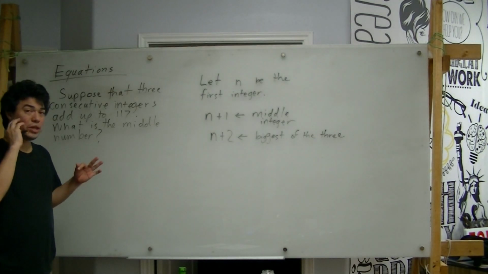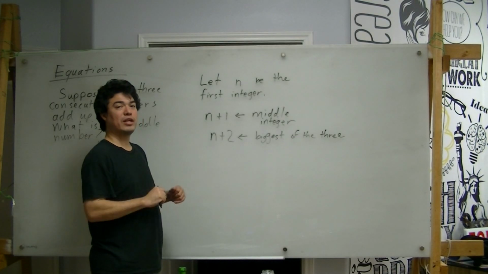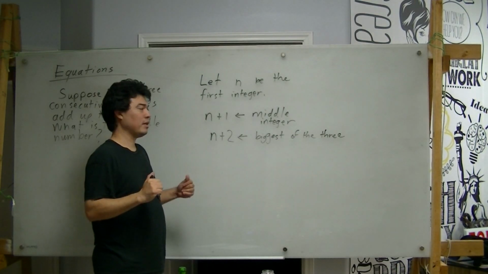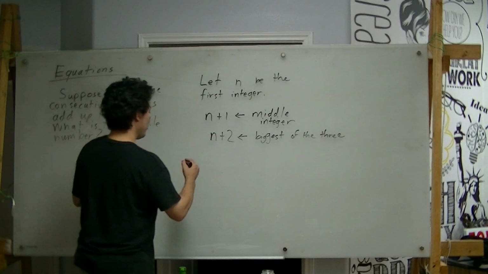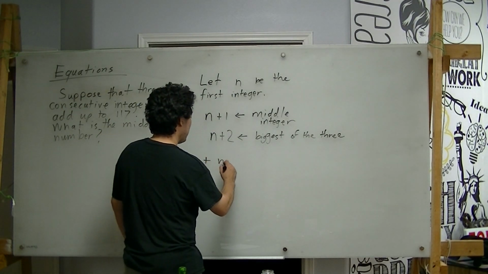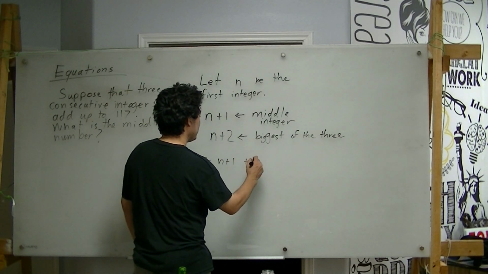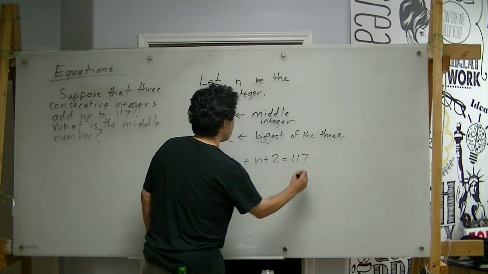We still don't know what the actual n is, but now we're going to look at this problem algebraically. It tells us that 3 consecutive integers add up to 117. So we can say that n plus n plus 1 plus n plus 2 equals 117.